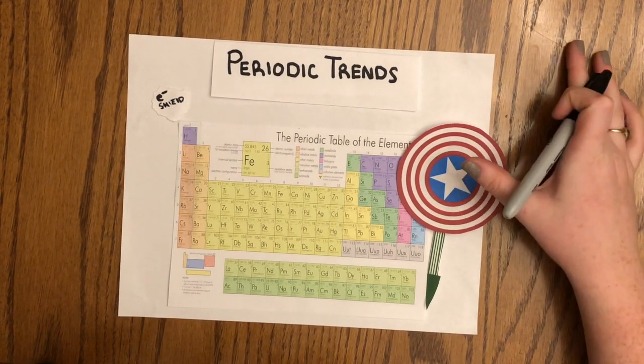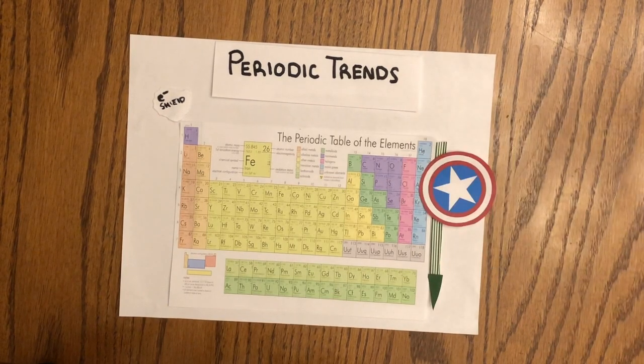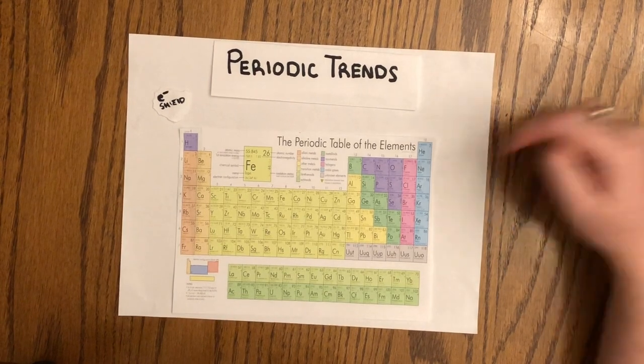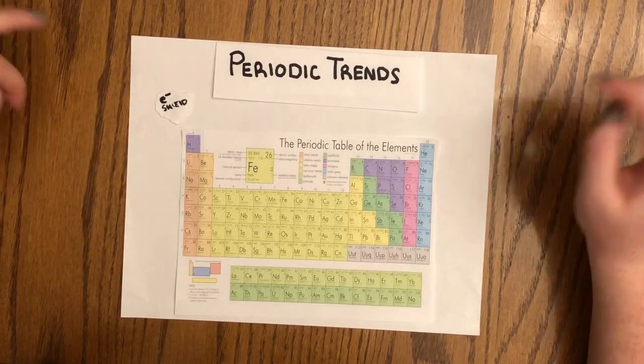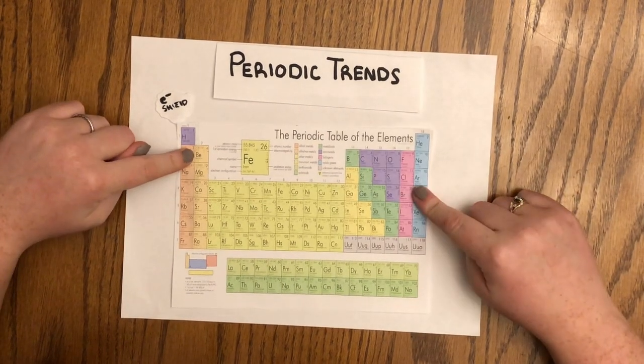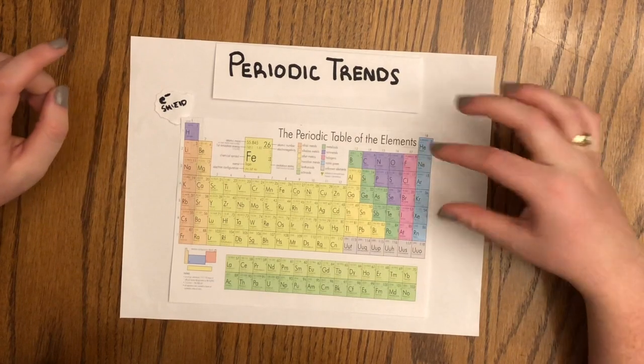So the radius is bigger and the shield is bigger. Going across a period, however, the electron shielding does not change. Even though there is an increase in the number of electrons from left to right, there is not a change in the number of energy levels.